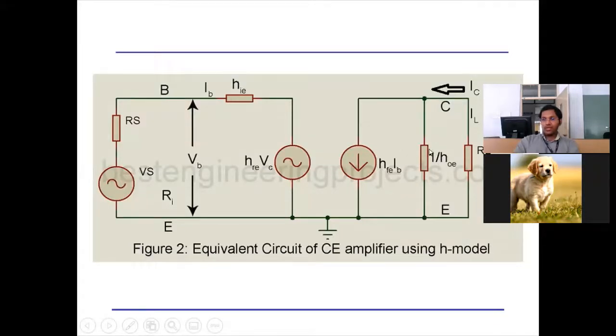And not only that, if I don't have this resistance, then see, if I have this resistance, IC is equal to this current plus this current, isn't it? Now, if I don't have this resistance, IC will be nearly equal to what?